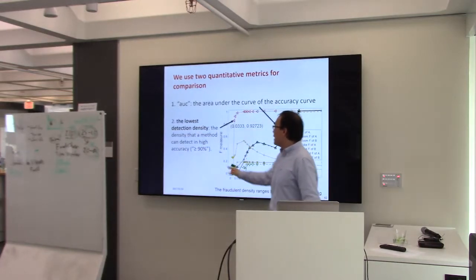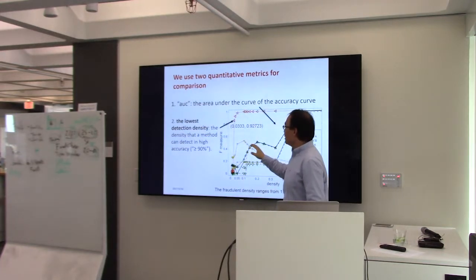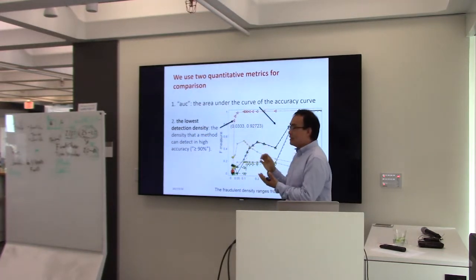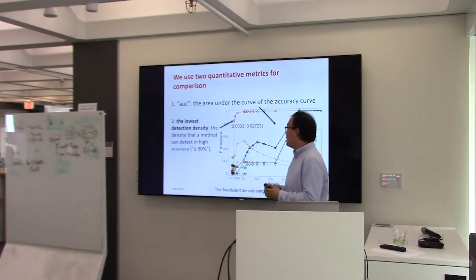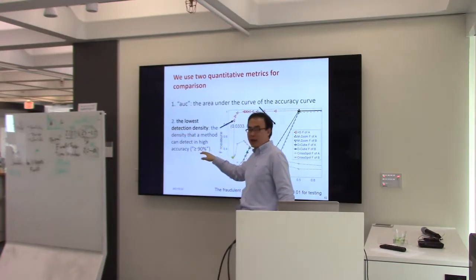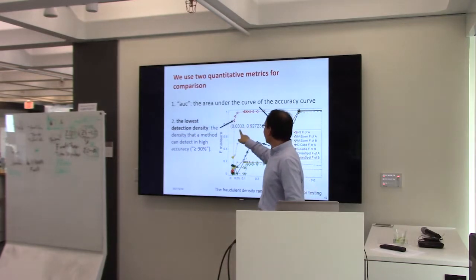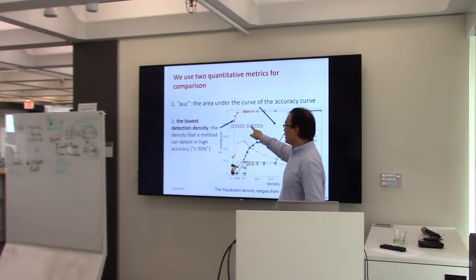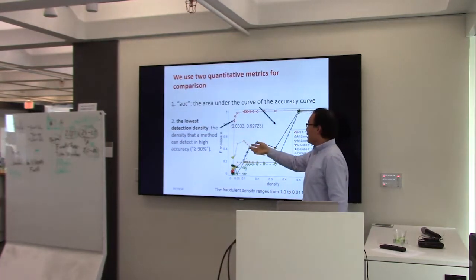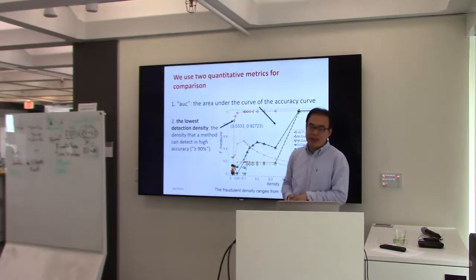And we also define the lowest detection density, which means we want our method to detect at high accuracy, more than 90%. In this case, 0.033 is the lowest detection density, and the accuracy there is 0.92.